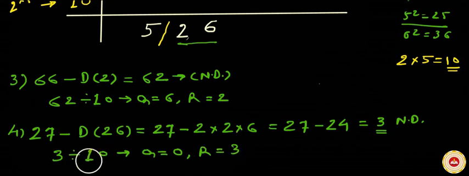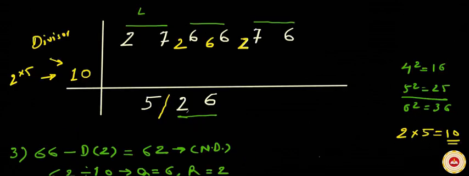Correct? 10 is greater than 3, so you cannot divide 3 by 10. So quotient is 0 and remainder is 3. Let us write quotient 0 below this 27 and remainder 3 as a prefix to next digit, which is 6.